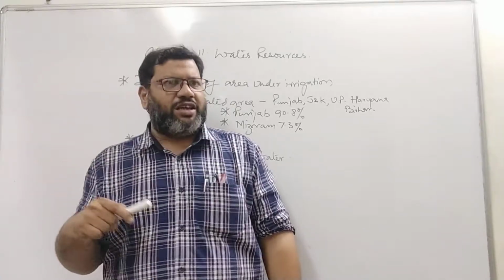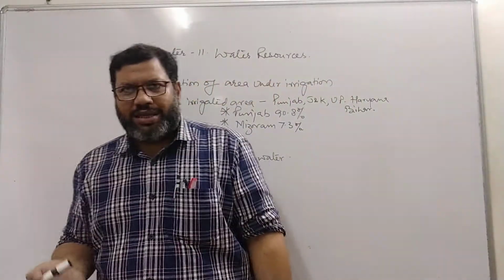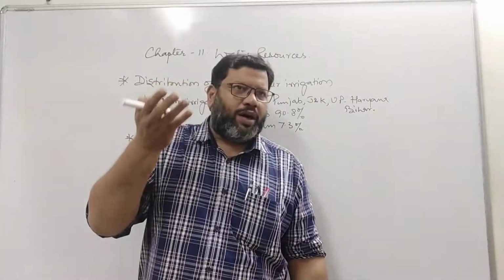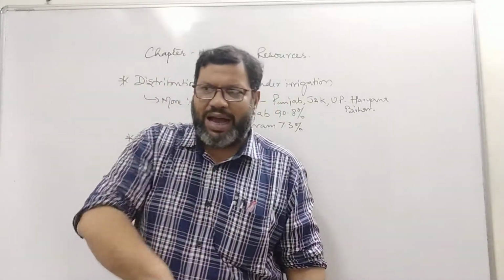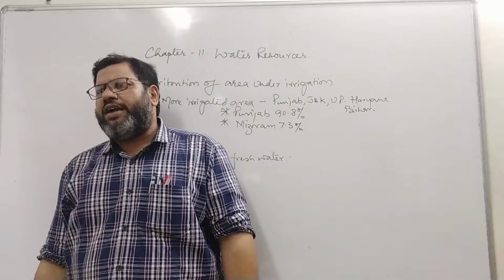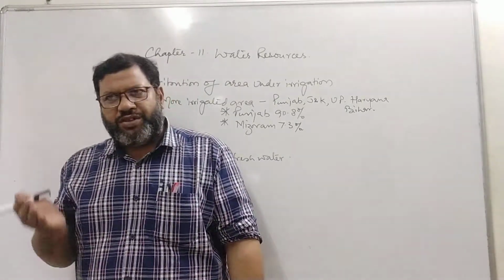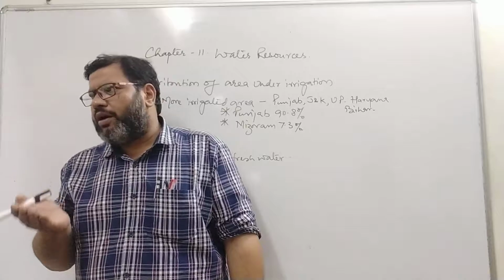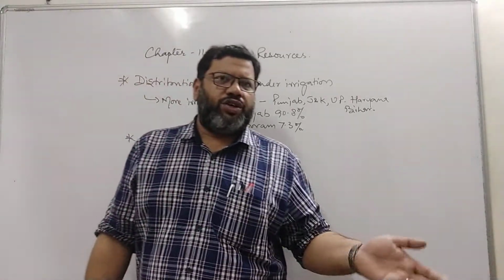Now this irrigation is basically coming from groundwater, and when you are taking out more groundwater and the same amount is not getting replenished, obviously at the end of the day we are going to see a deficiency of groundwater. Ultimately it is going to be seen in usage also.